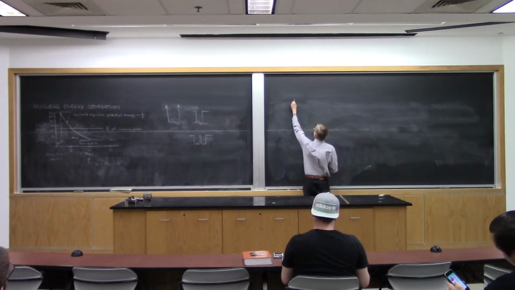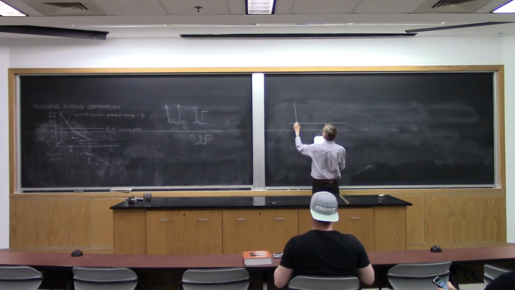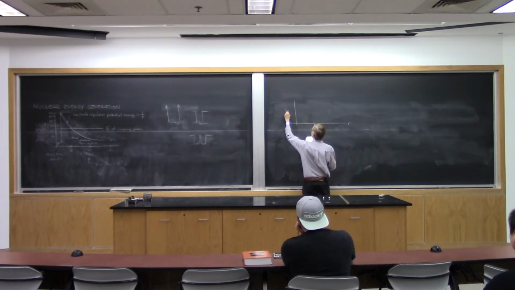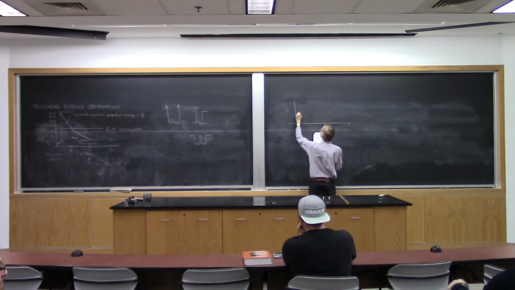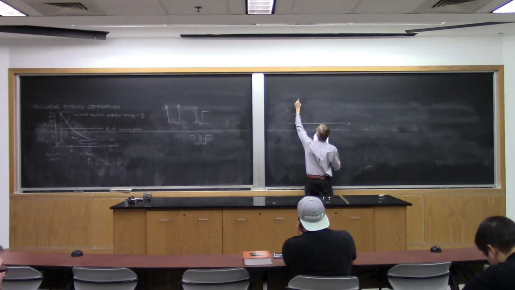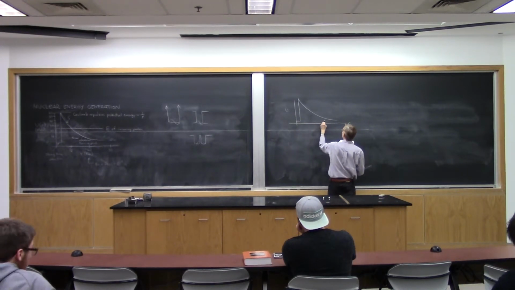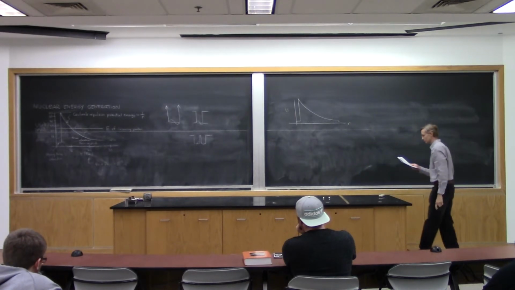So I'm going to make a sketch here, where on the top I reproduce what we had over there. In other words, this is R again, this is U again. There's the potential energy.